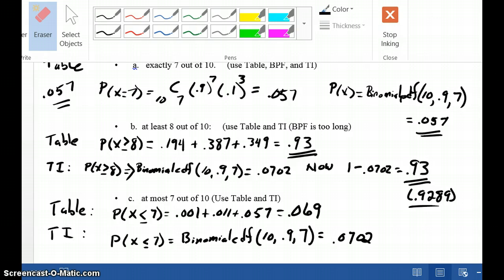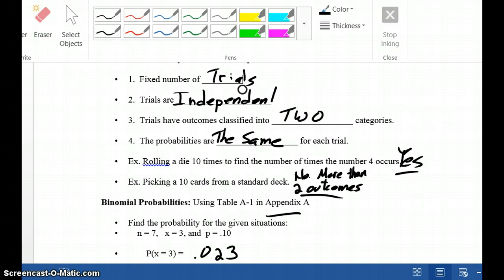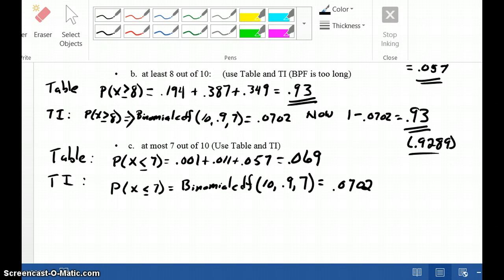Now, if you used the TI-84, for the probability that x is greater than or equal to 8, I'm first going to have to find the binomial CDF of 10, 0.9, 7, because the way your calculator works is from a certain number on down. I know I'm looking for a probability of 8, 9, and 10, but the calculator thinks from a certain number on down, so I'm going to have to say binomial CDF 10, 0.9, 7, which is 0.0702.